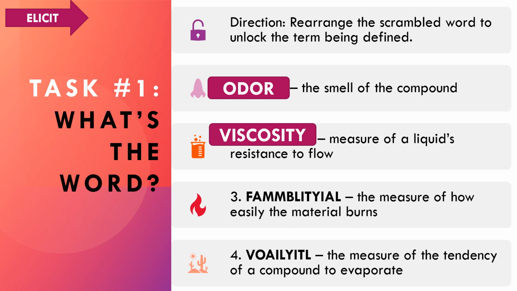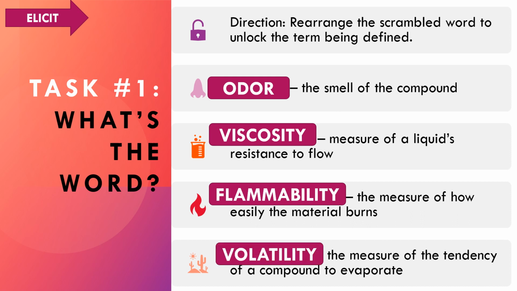Number 3, the measure of how easily the material burns. And the correct answer is flammability. And the last one, the measure of the tendency of a compound to evaporate. The correct word is volatility. Very good. Now, let's proceed to the next task.